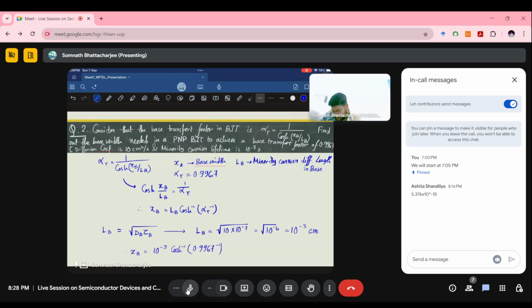Let me calculate: 1 divided by 0.9967 is nothing but 1.00331.